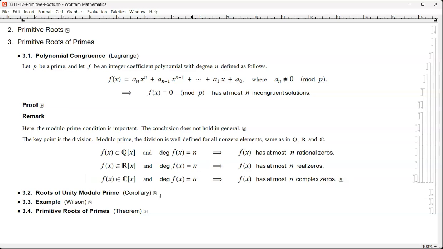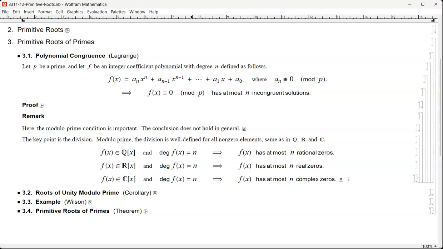Q, R, and C. So if f of x is a polynomial with rational coefficients, then it has at most n rational zeros, and same for real, and same for complex as well.